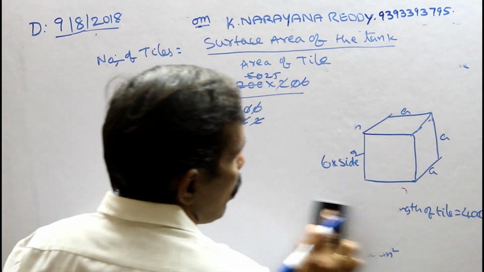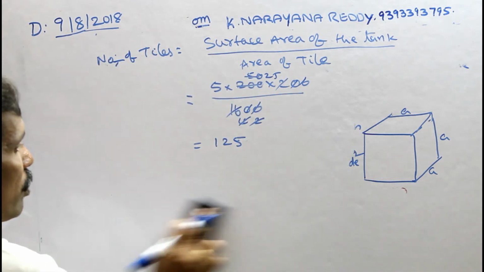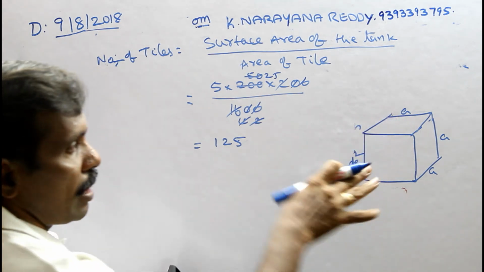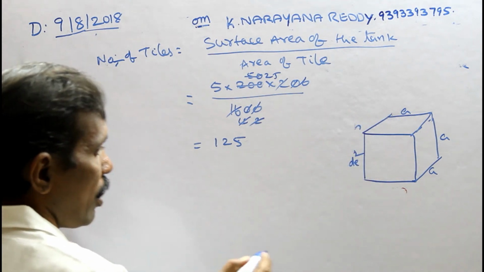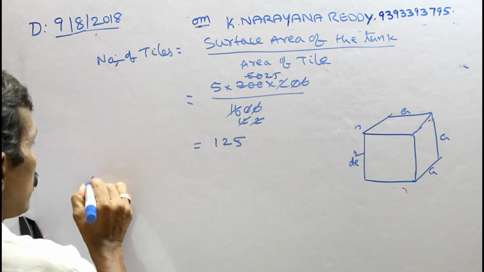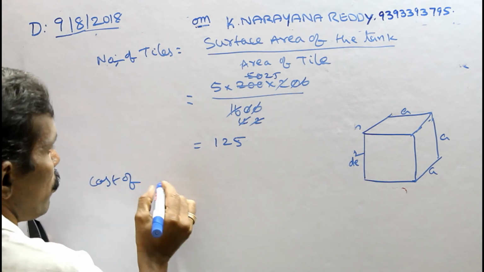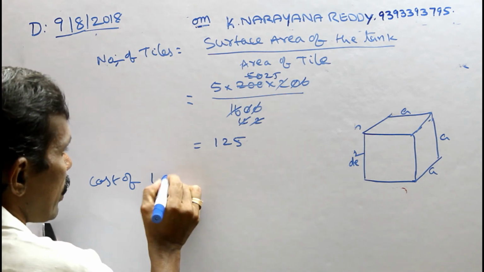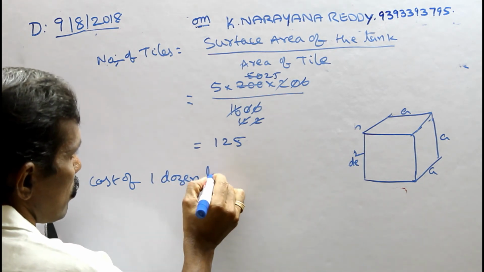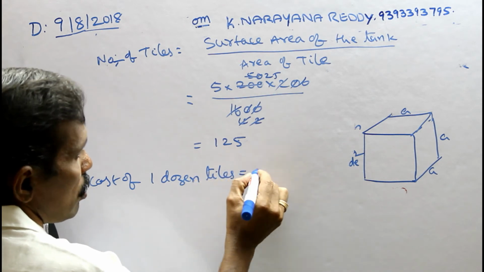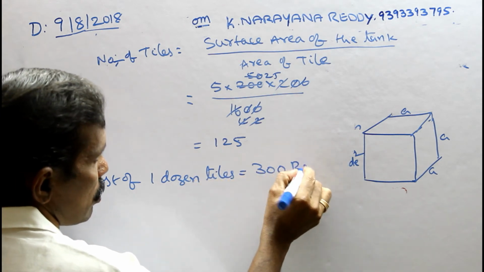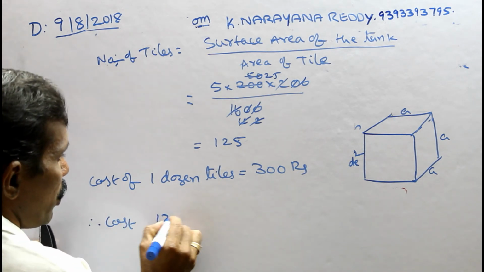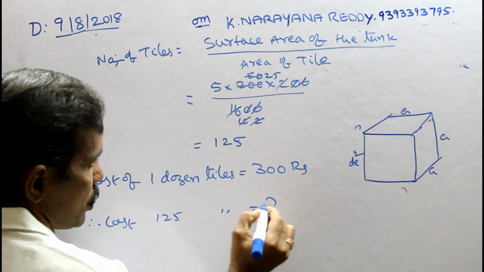Now we have to find the cost of tiles to cover the tank, excluding the bottom. The cost of 1 dozen tiles equals 300 rupees. Therefore, the cost of 125 tiles equals how much?